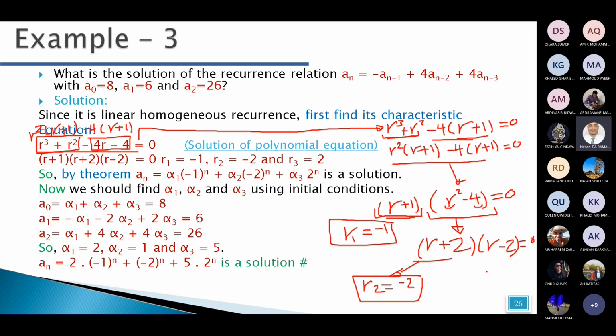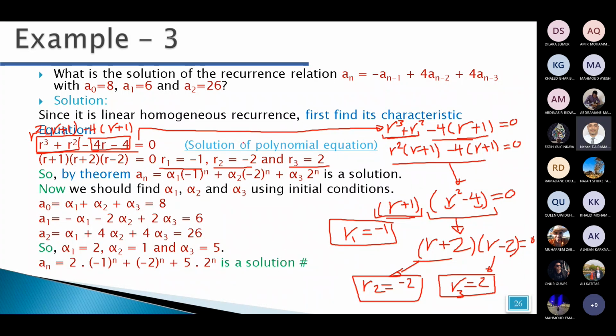This is another solution. And from this one, we have R equal to 2. We can call it R3. So we have 1, 2, 3 solutions: R1 equals minus 1, R2 equals minus 2, R3 equals 2.